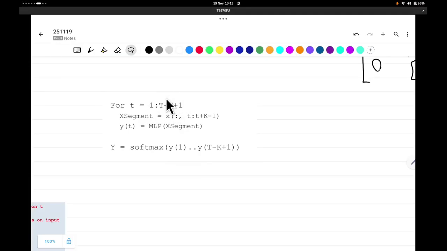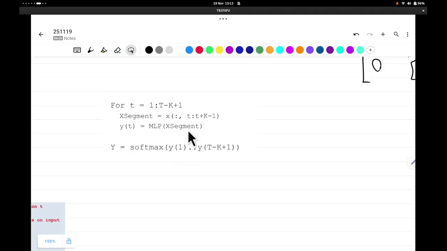I define a certain window, so I have to define which time window I look at. This is defined by this k. So I look at the segment of my input that has a size k, so it goes between t and t plus k minus 1, okay?